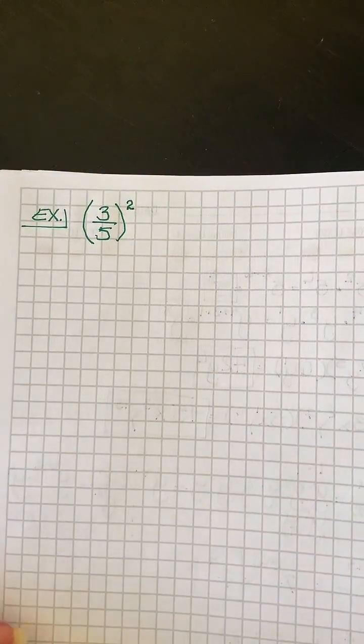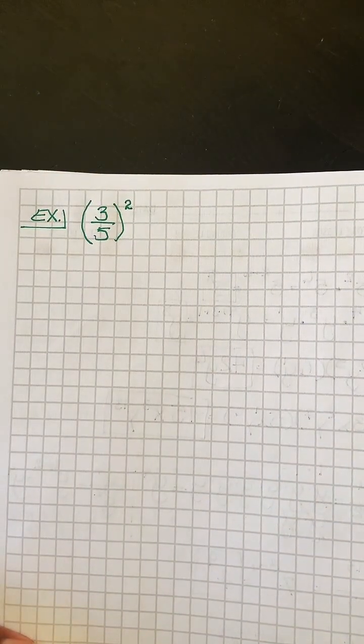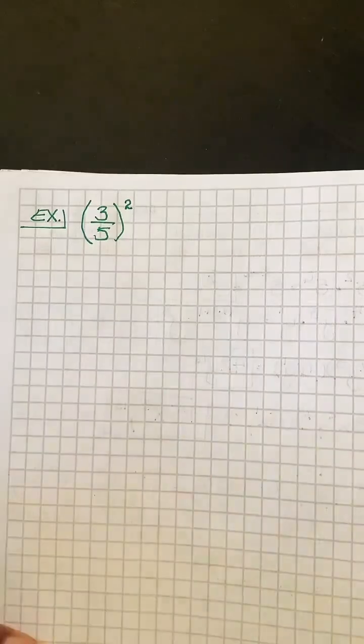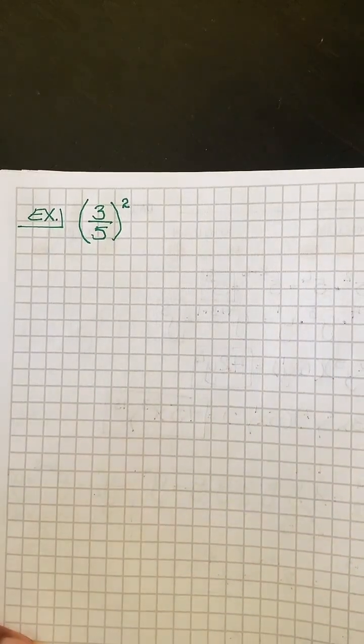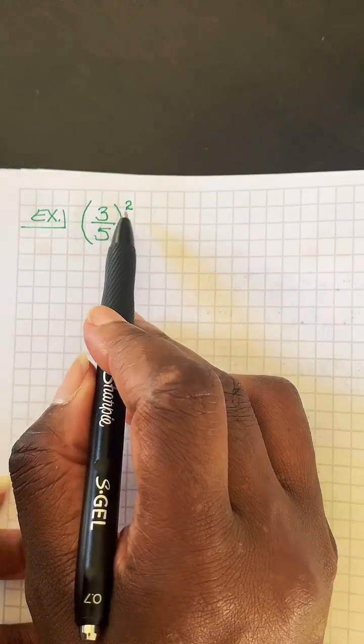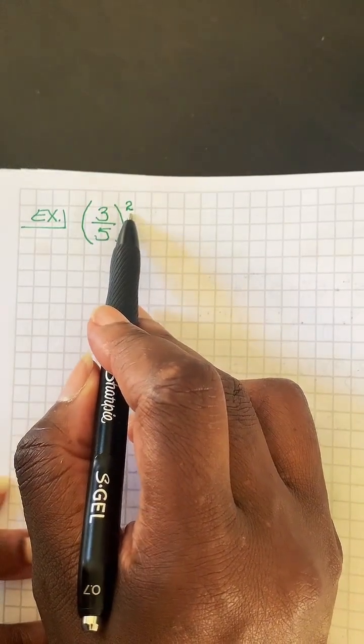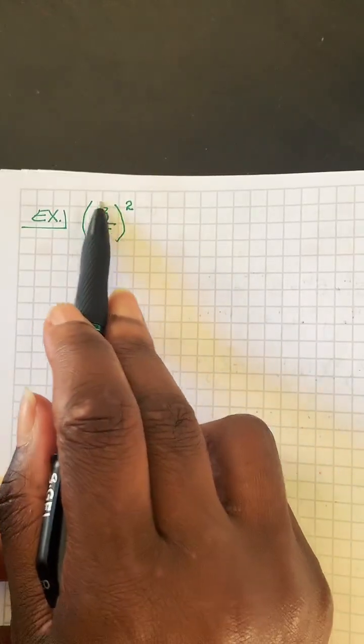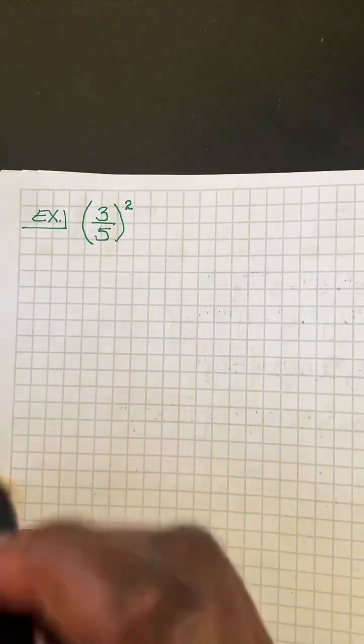Okay, so we have 3/5 raised to the second power. One of the ways, which I was breaking it down earlier, is they're saying that this exponent is telling the base, hey base, you need to multiply yourself 2 times.